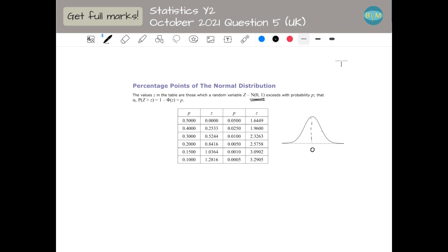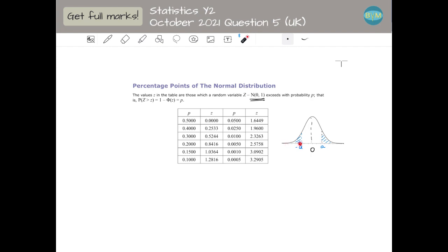So if we are talking about values to the right, we are talking about this area here, but being symmetrical it is the same as this area here. So if I have a positive value here, I have a negative value here, because the middle point is 0. So if we are going to use this value, this is this positive one.